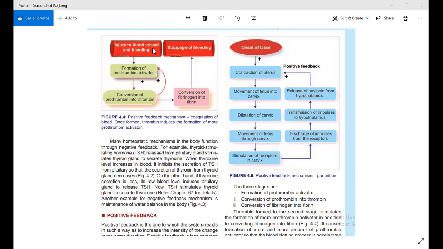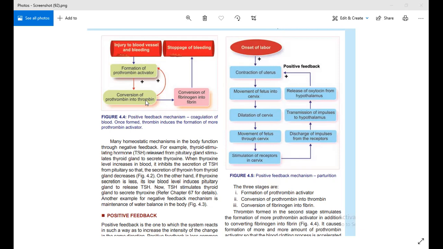So injury to blood vessel causes bleeding, and that bleeding leads to the formation of a prothrombin activator. This prothrombin activator will lead to the conversion of an enzyme called prothrombin into thrombin. Injury to blood vessel, formation of prothrombin activator, conversion of prothrombin into thrombin.